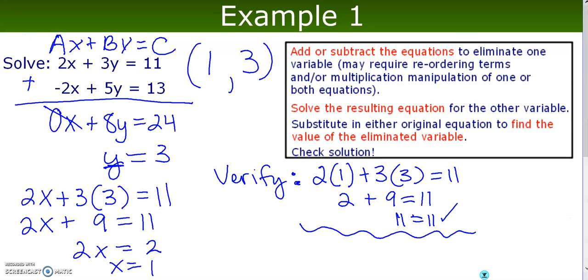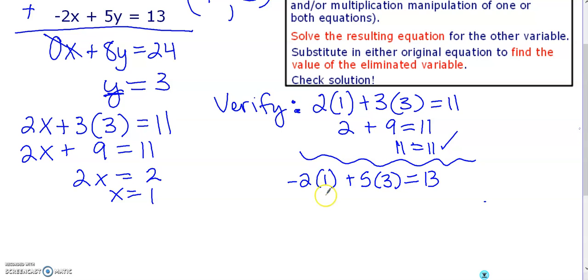So we're going to take negative 2, plug in 1, plus 5, plug in 3, and it should equal 13. Negative 2 plus 15 should equal 13, and 13 equals 13. So we did verify that we got the correct answer here.